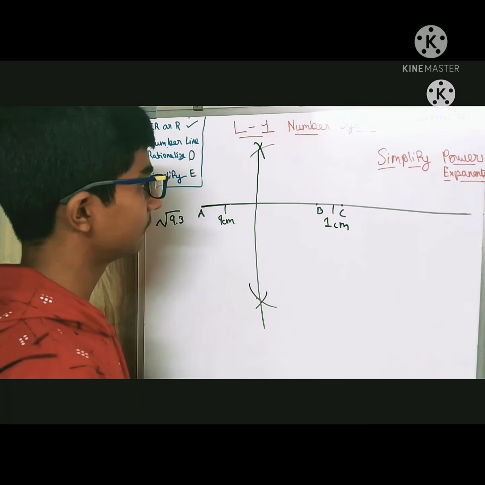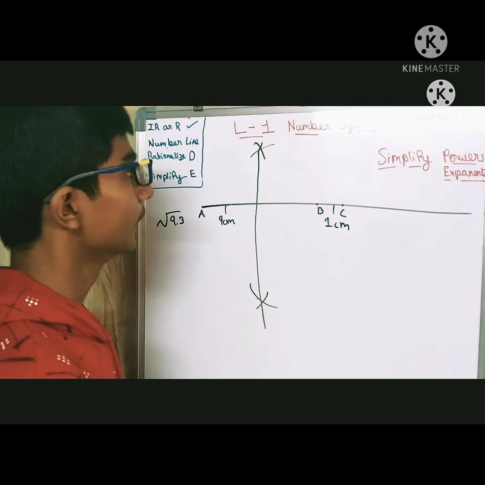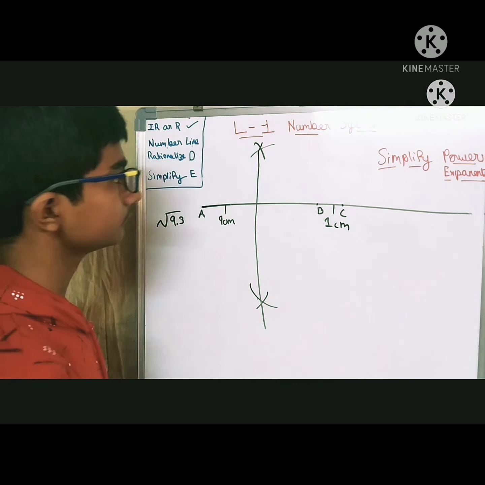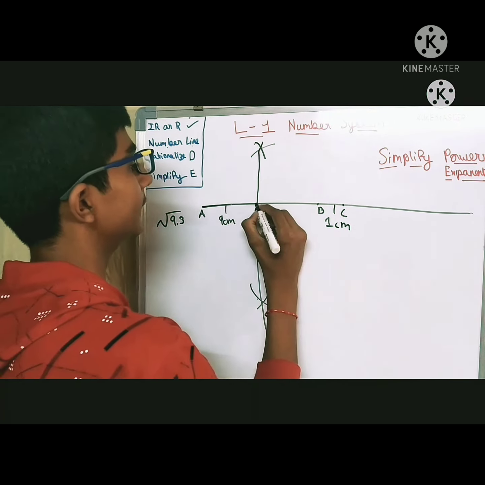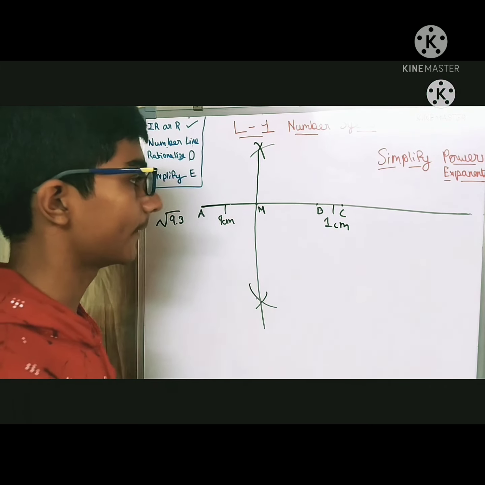Your line will be straight, but I am just showing it on a whiteboard. I do not have the instruments right now, so I am doing it roughly. Then mark the intersecting point as M.